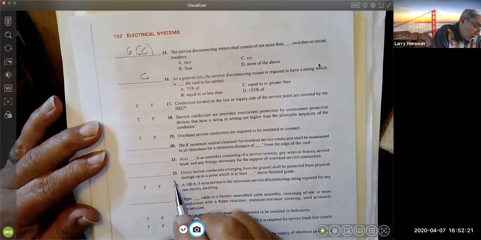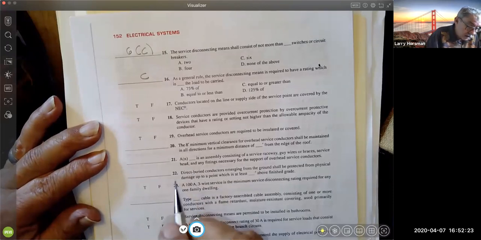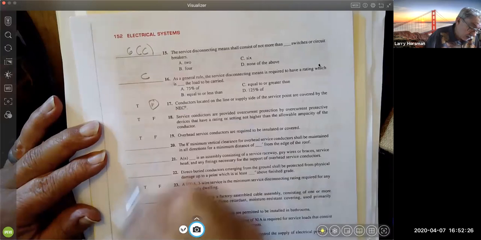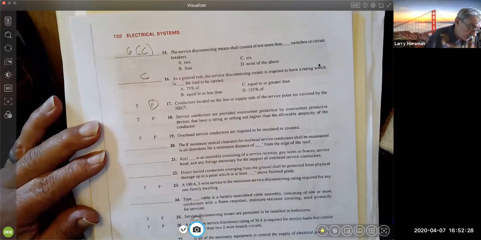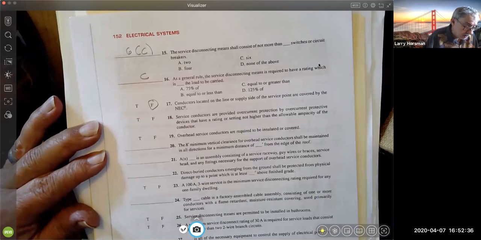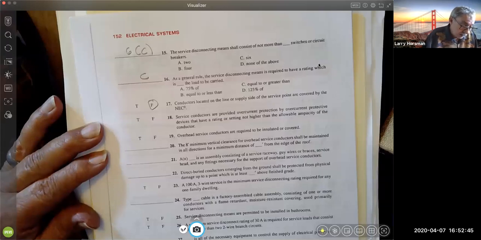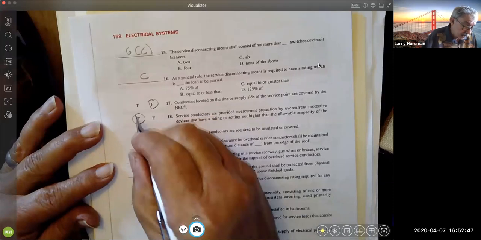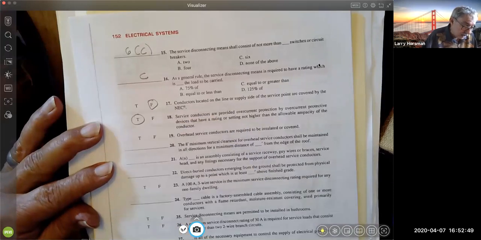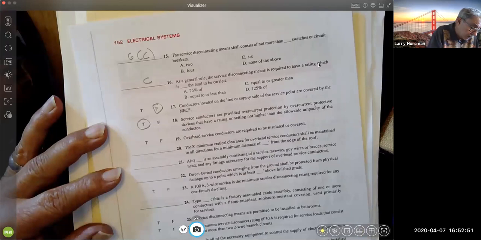That is false, because that's part of SDG&E's or the local serving utility. 18, service conductors are provided overcurrent protection by overcurrent protective devices that have a rating or setting not higher than the allowable ampacity of the conductor. That's true. 19, overhead service conductors are required to be insulated or covered. That's also true.